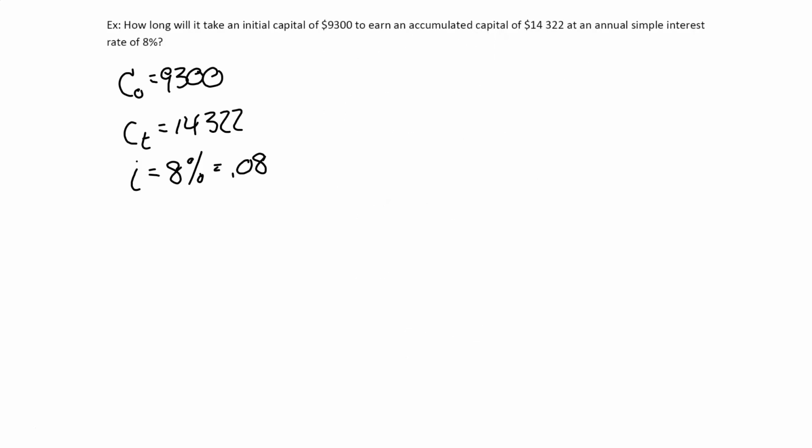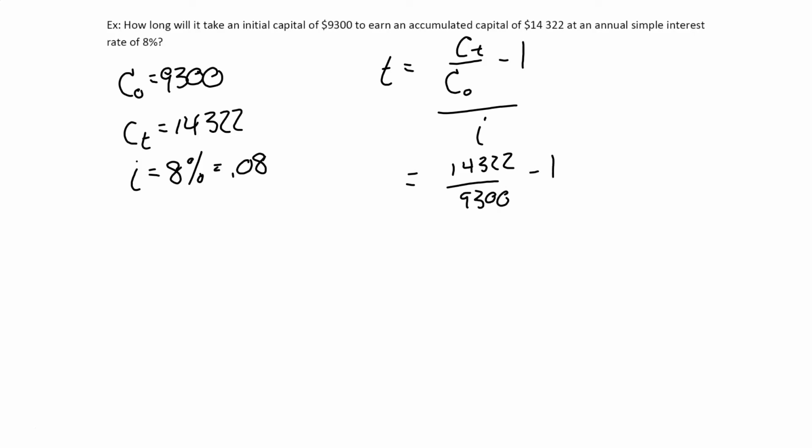Now let's solve it using the equation that we were given. T is equal to CT divided by C0 minus 1, divided by I. Substitute in those numbers. 14,322 divided by 9,300. Subtract 1.